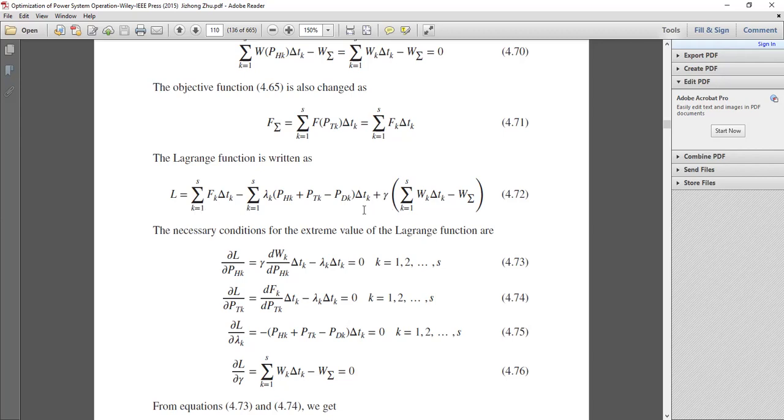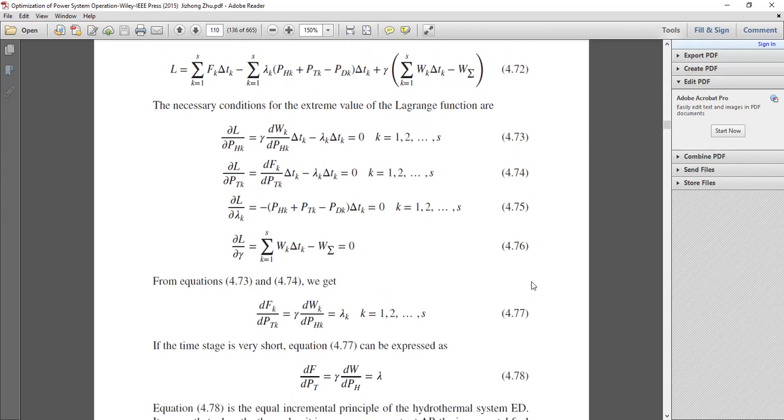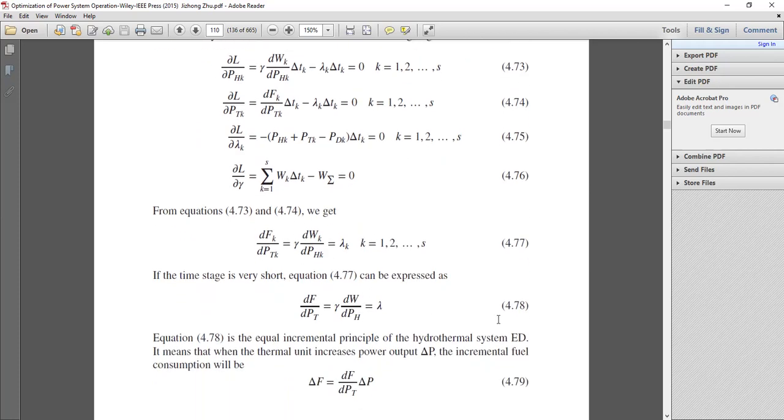So with respect to all these decision variables, we took the partial derivatives and formulated all these equations starting from 4.73 up to 4.76. And then we simplified it. After simplification, we got 4.78. We found this expression here, that is df over dpt equals gamma into dw over dph, which should be equal to the same value of lambda.